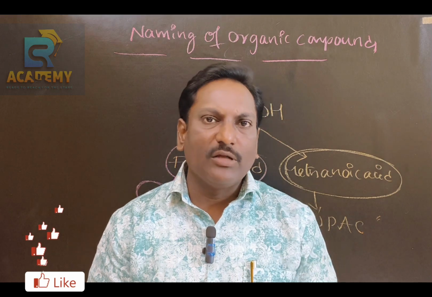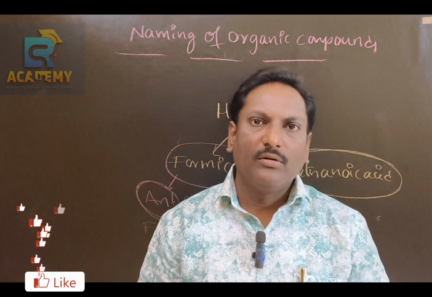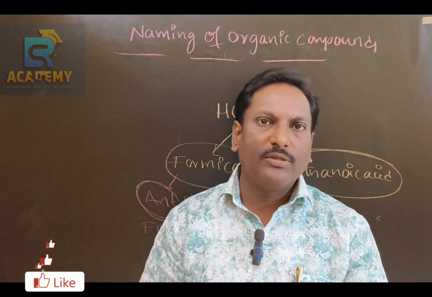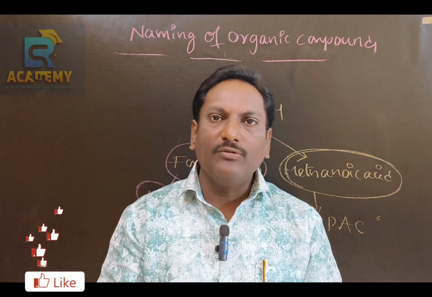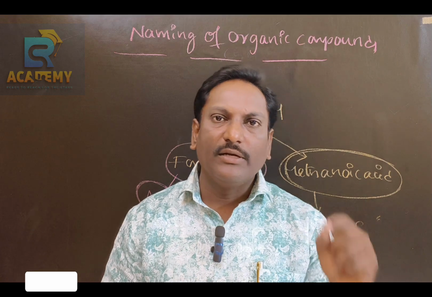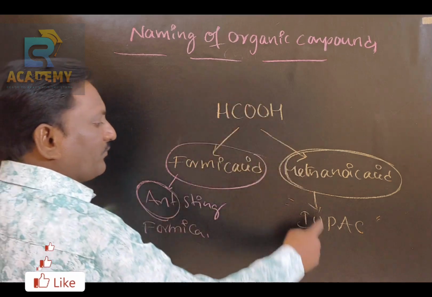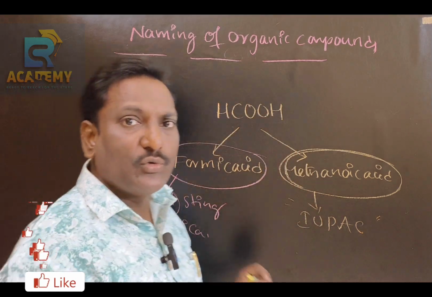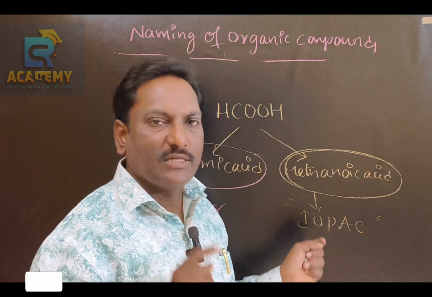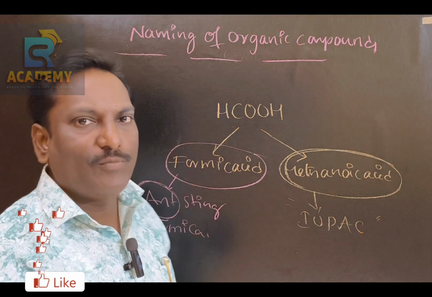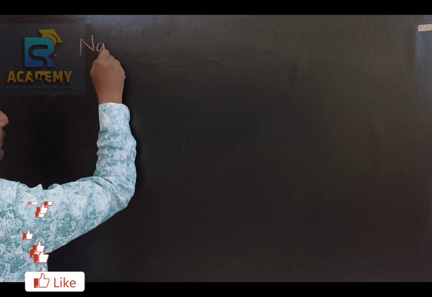Based on source or origin, whatever name you may call the particular organic compound, you should give one name based on IUPAC. This naming of organic compounds based on the rules and guidelines of IUPAC is called naming of organic compounds, or nomenclature.